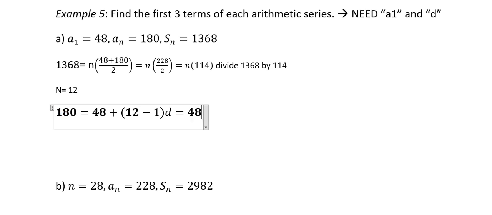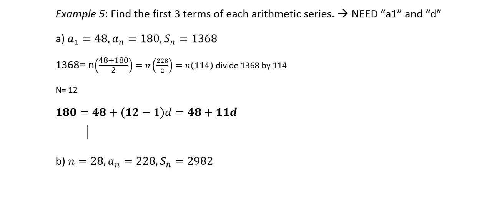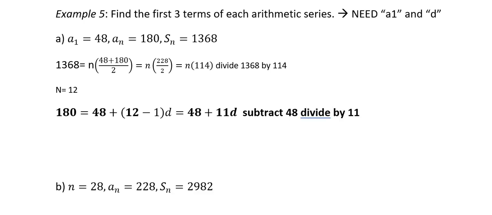So this will be 48 plus 11d. We have to subtract 48 and then divide by 11. 180 minus 48 is 132, which equals 11d.